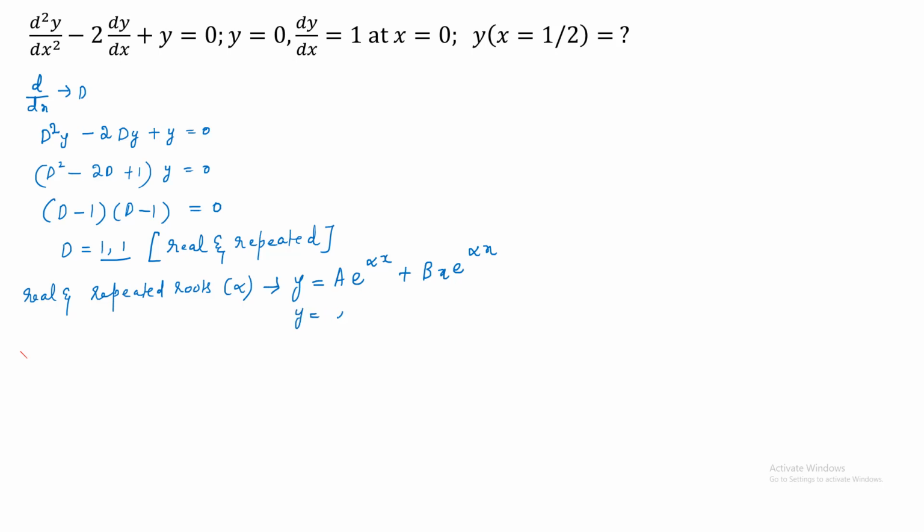If we take e power alpha x common, we'll get e power alpha x into a plus bx, right? This is what our equation is. Here alpha is equal to 1. Let's substitute that. We'll get e power x into a plus bx. So this is one equation that we get.